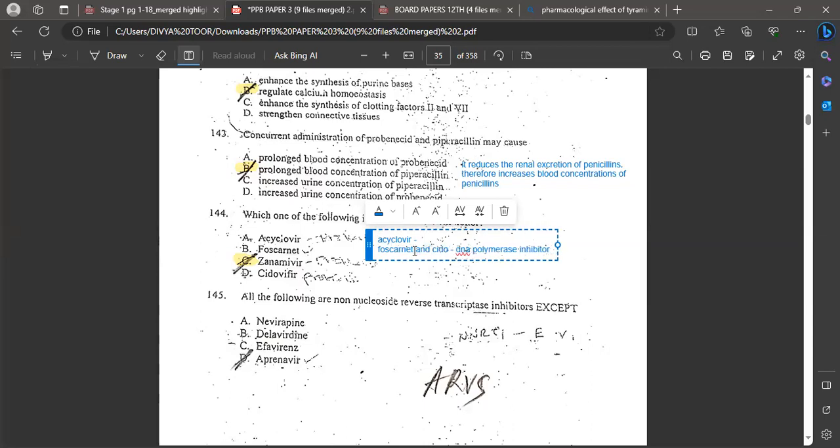Acyclovir also does the same, as a suicide inhibitor that inhibits elongation of the chain. So in short, all of these agents act on the herpes family. Foscarnet and cidofovir act on cytomegalovirus. So basically we can just say all inhibit DNA polymerase.